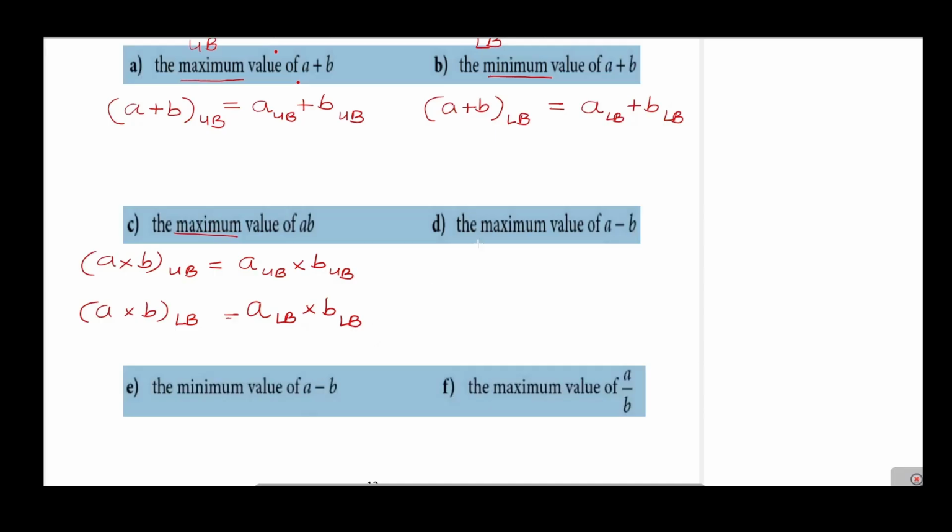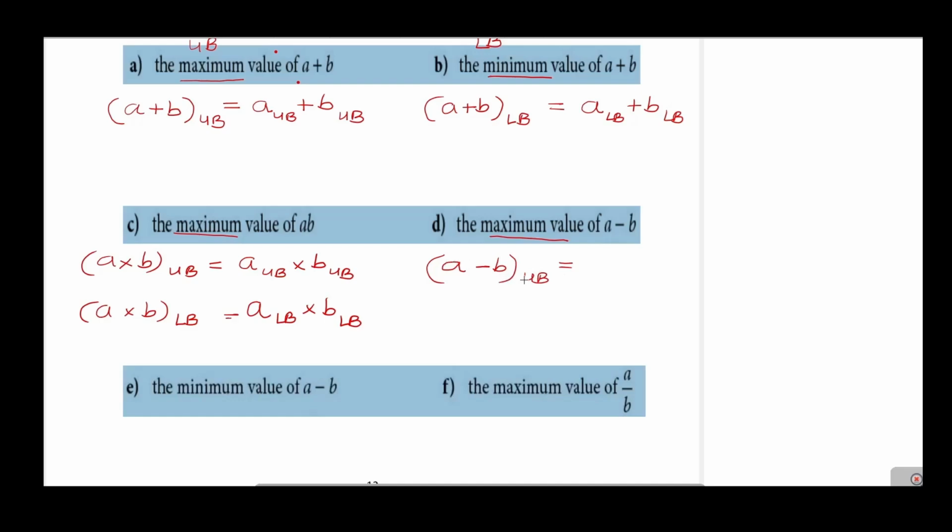When it comes to subtraction, it's a bit different and it's a bit complicated. So let's write maximum of A minus B, then maximum possible answer should be upper bound. If it is a subtraction, we need to get the maximum possible of the subtraction.